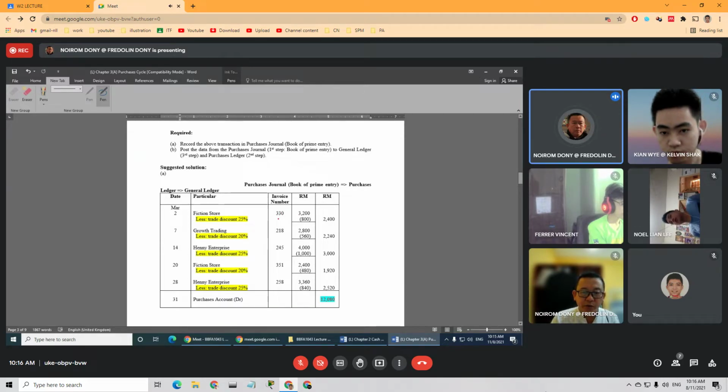Do you know how to calculate this? For 3,200, this 25% you have to convert into a normal number. So 25 divided by 100 you will get 0.25, isn't it? So 0.25 times 3,200, then you get 800. Can you understand how to get that 800?